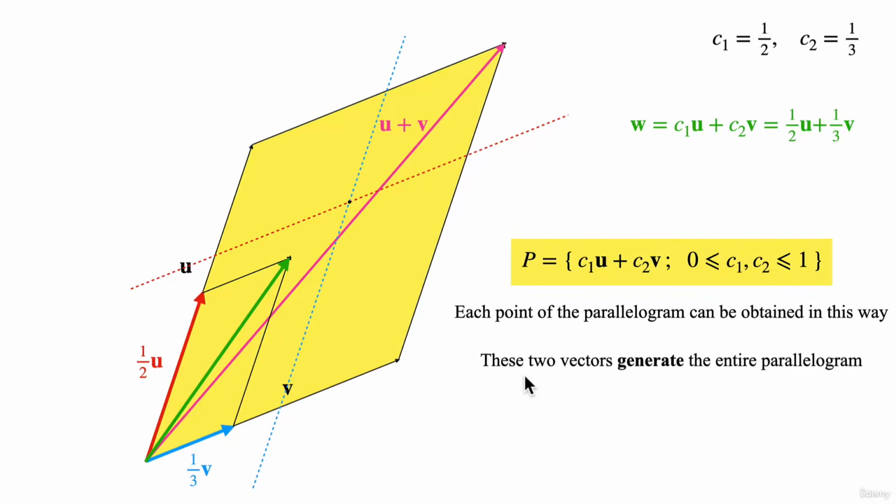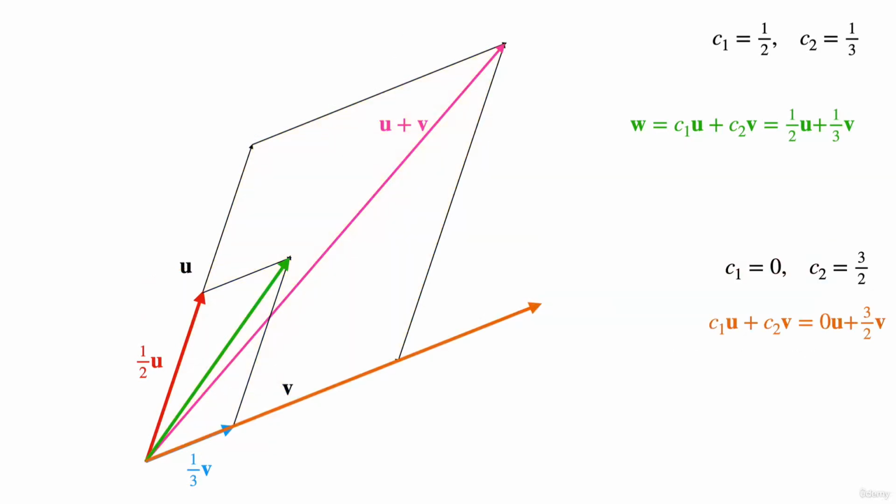And we can say that these two vectors generate the entire parallelogram by means of linear combinations with the coefficients between 0 and 1. And now, what happens if we take, for example, C1 equal to 0 and C2 equal to 3/2?